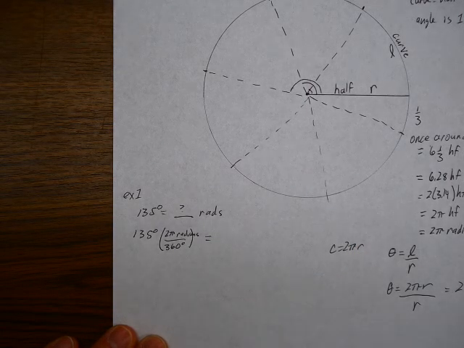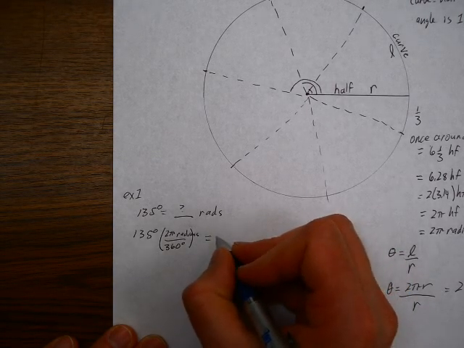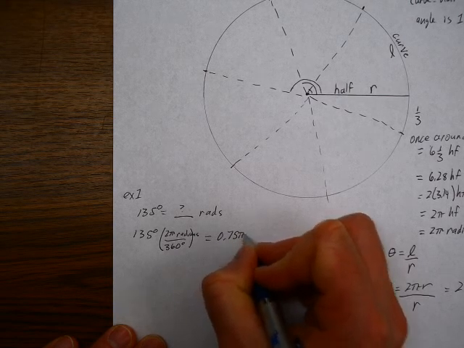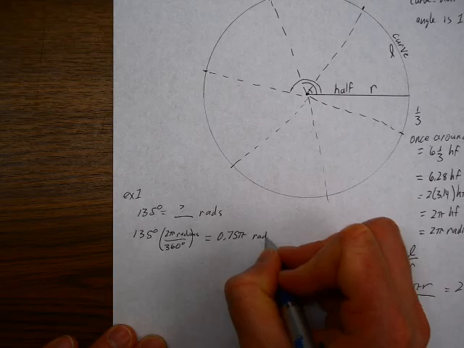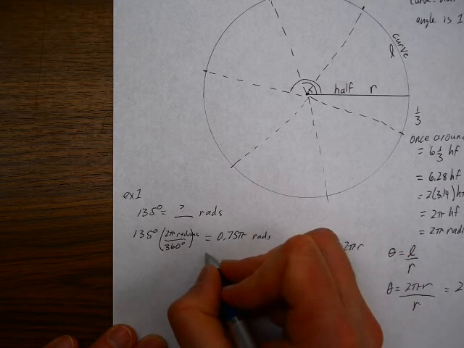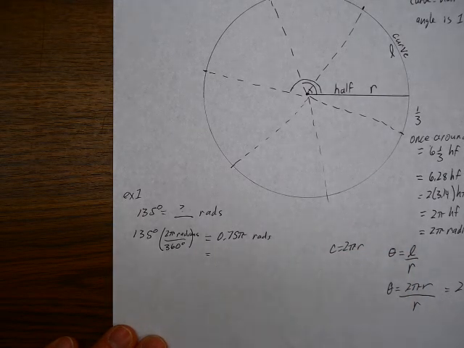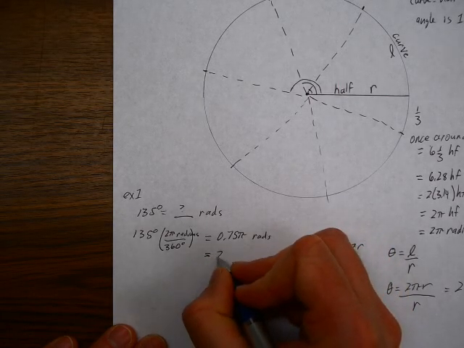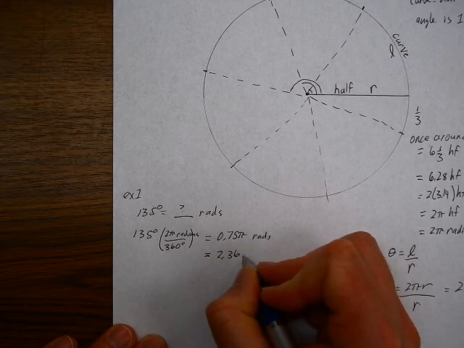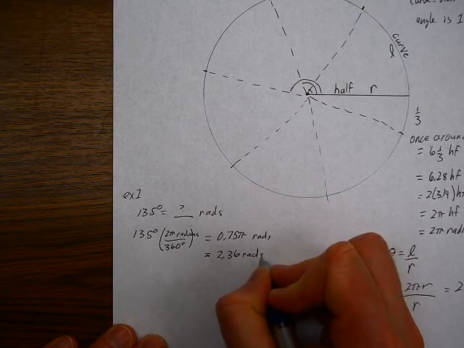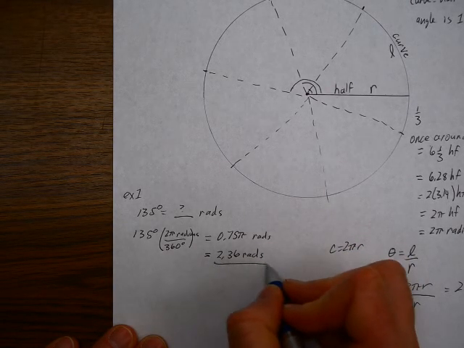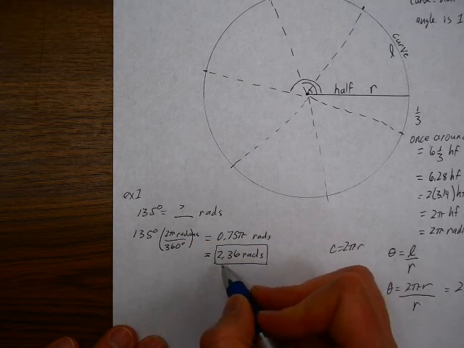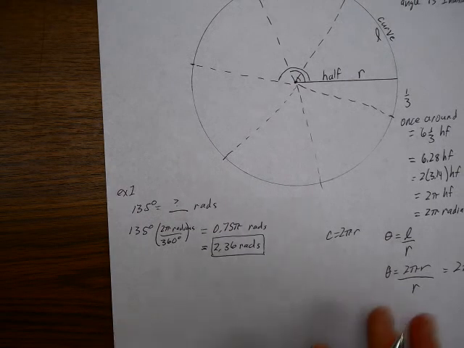So when you multiply those together, you end up with 0.75 pi radians. And that's probably how you leave your answer in math class, but in physics we tend to do more decimals, 2.36 radians for that. So 135 degrees is equal to 2.36 radians.